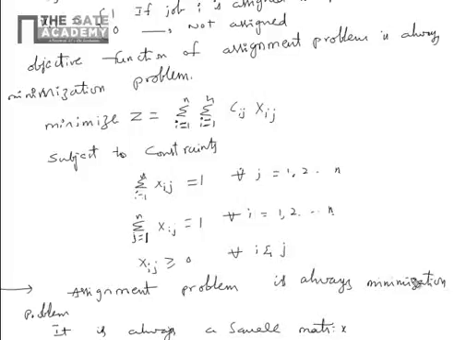So an n by n assignment problem can be written as a square matrix, n rows and n columns.